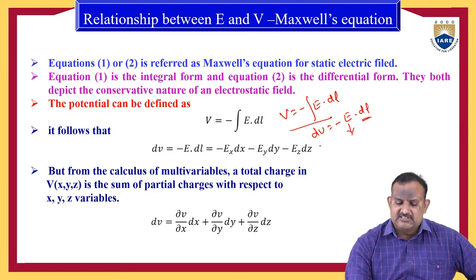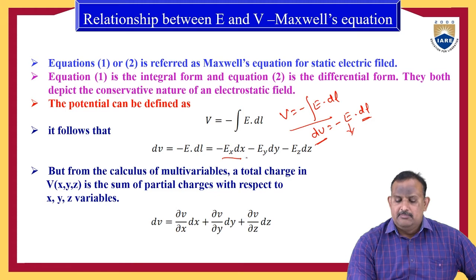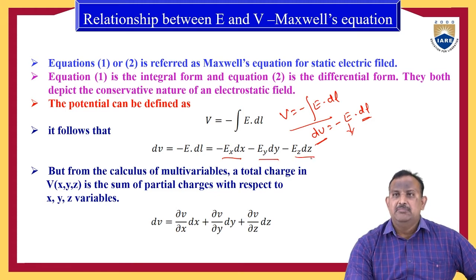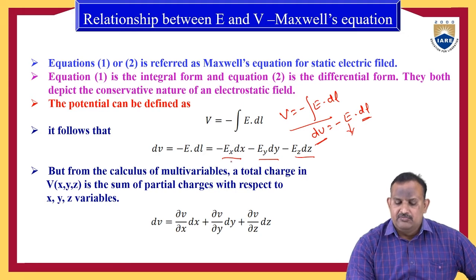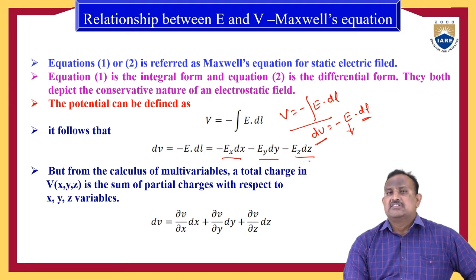Therefore, we can express the differential dV is equal to minus E dot dl, which is equal to minus Ex dx minus Ey dy minus Ez dz, with x, y and z components along the rectangular coordinate system.